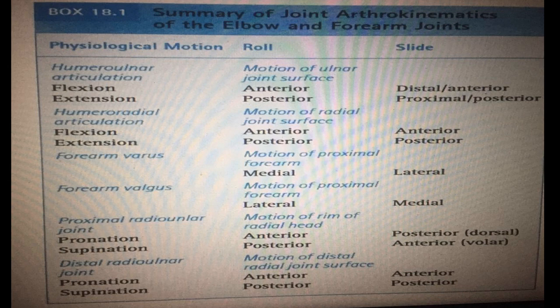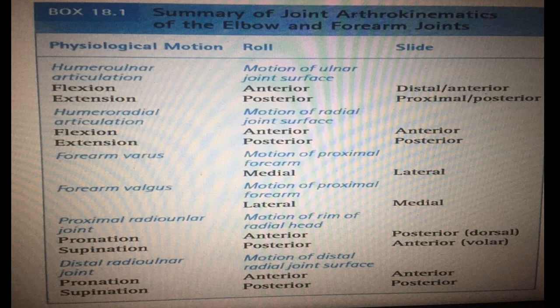Okay, and in case of proximal radial joint supination, the motion of the rim of the radial head would be posterior, but the gliding, sliding occurring within the joint would be anterior. So that would be opposite to the physiological motion occurring at the proximal radial joint.